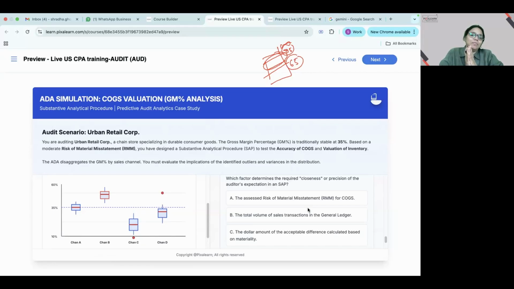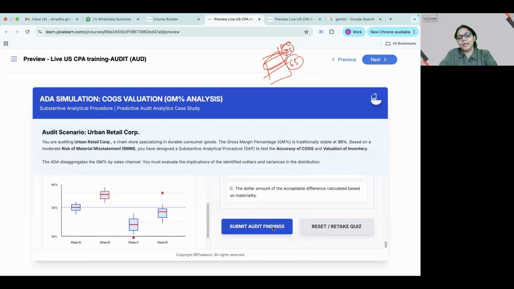If my RMM goes up, if my perceived risk goes up, automatically I will close down and reduce the gap between anticipated and actual results. Okay, it is directly a function of my assessed risk of material misstatement.